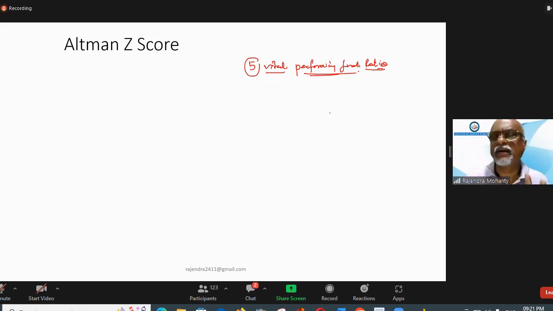So he took 5 ratios and multiplied those ratios with constant factors. He added all the things, and whatever the result was, he could give a range to that result. According to the range, he decided 3 ranges.